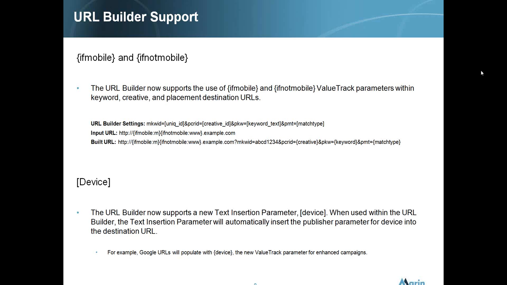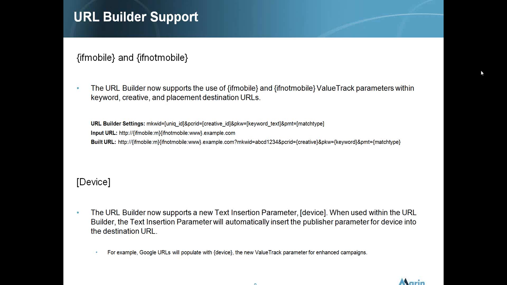The next parameter that we have support for, and if you have migrated or updated your URLs to include it, you may have already noticed this within your URL Builder, is the device parameter. This is a text insertion parameter with the square brackets, device. When you put this into URL Builder, it will automatically insert the appropriate parameter for that publisher.